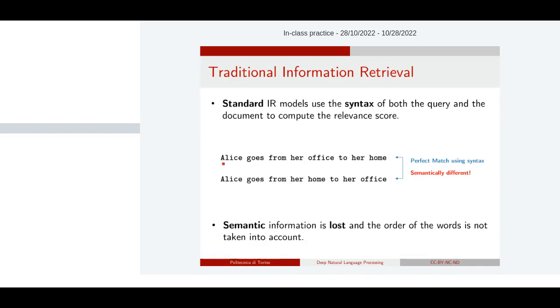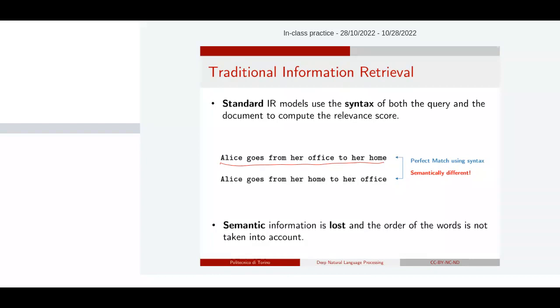So this is a sentence. And we have another sentence that is "Alice goes from her home to her office". So we have the exact same set of words, right?